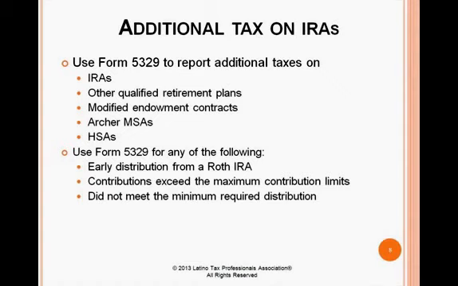They did so, which resulted in not only an increase in taxable income, but also a 10% additional tax and penalties. And that would be reported under these lines of other taxes on the back of the 1040, the second page. So use Form 5329 for any of the following: early distribution from a Roth IRA as well as a traditional IRA, contributions that exceed the maximum contribution limits, and or did not meet the minimum required distribution.